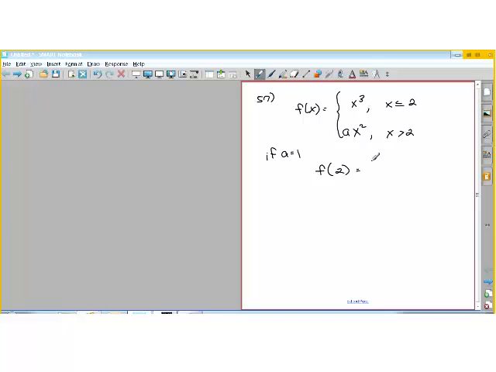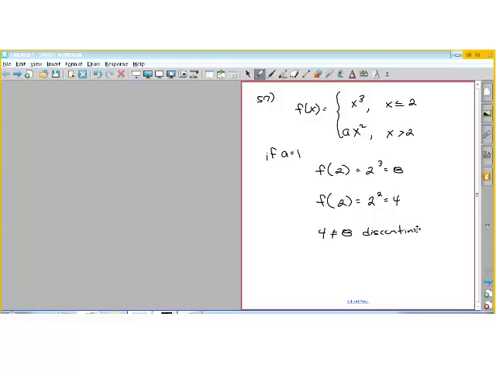Using the first equation, f of 2 would be 2 cubed, which would be 8. But if you use the second equation, f of 2 would be, because I just said a is 1 for illustrative purposes, 2 squared, which is 4. So since 4 does not equal 8, it's discontinuous.